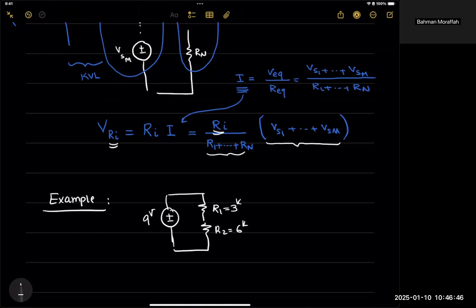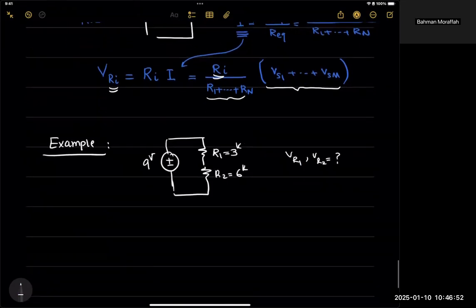And the question is, what is V across R1 and what is V across R2? Because of the voltage divider, I know V across R1 is proportional to R1 divided by R1 plus R2 times the source. So it is 3 divided by 3 plus 6 times 9, which is 3 volts.